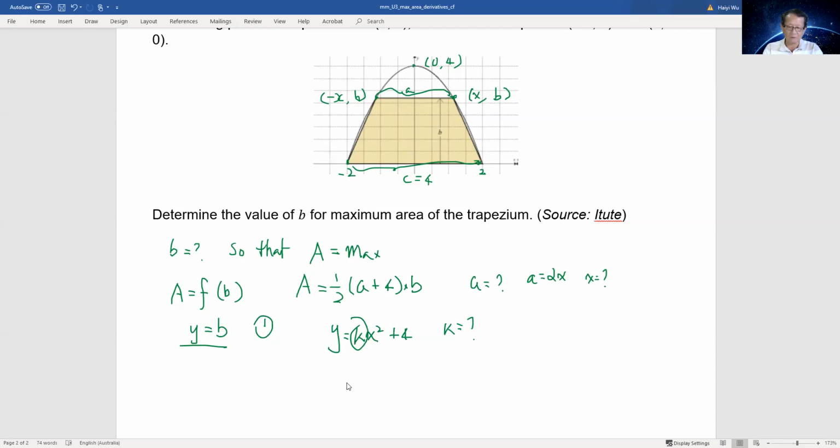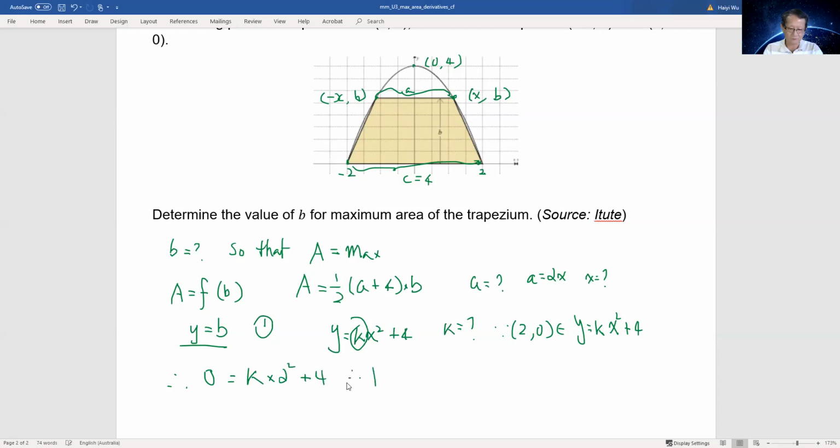To find k, we use the x-intercept (2, 0), which belongs to the parabola y equals kx squared plus 4.